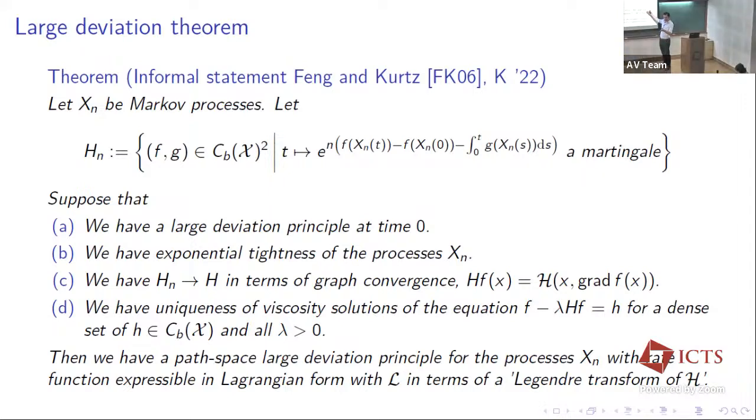I can imagine if you work with graphons, like Anita worked on earlier this week, I'm not exactly sure how to do such a thing. But this depends on your example and what you exactly want to do. If you have, for example, two-scale Markov processes, like we saw in the talk before, if you want to average out over the fast component, then of course this also becomes harder. So depending on what you want to do, it's either easy or hard. Like always, I guess.